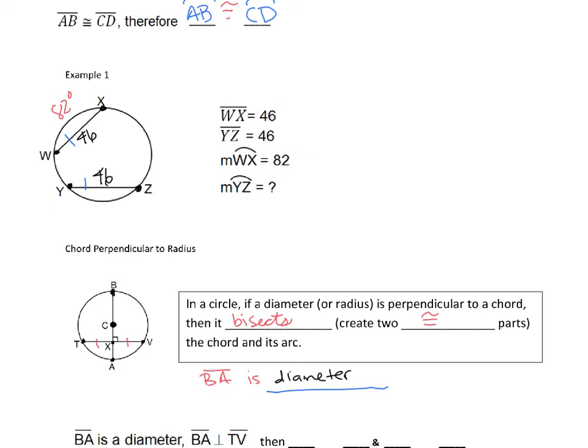What is the measurement of arc YZ? Because our two chords are congruent, we can conclude that these two arcs would have to be congruent. So the measurement of arc YZ has to also be 82.